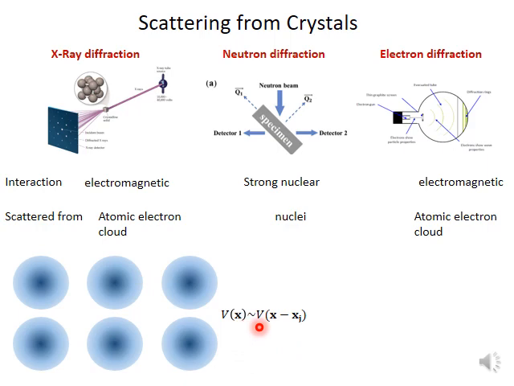The potential is centered on a certain atomic site xj, where xj may be representing the position of the center of a particular atom, and this potential is a spread out potential around this center of the atom, and the size of this potential is roughly the size of the electronic cloud. So that's what an incident electric field would see.